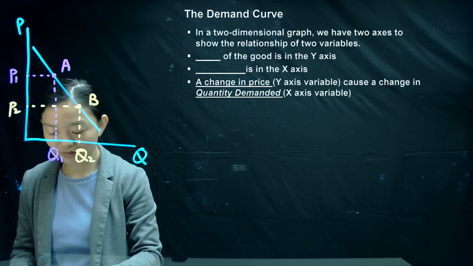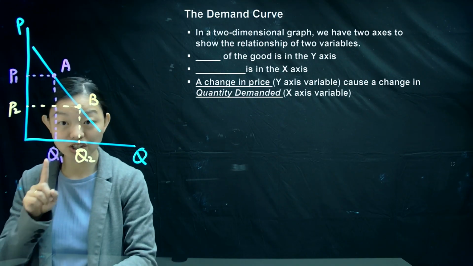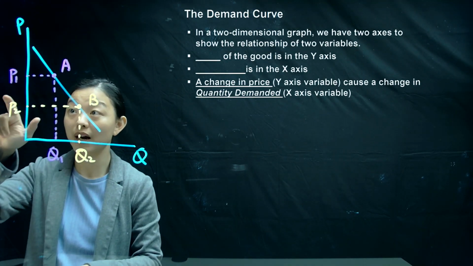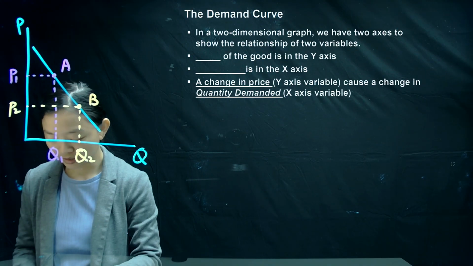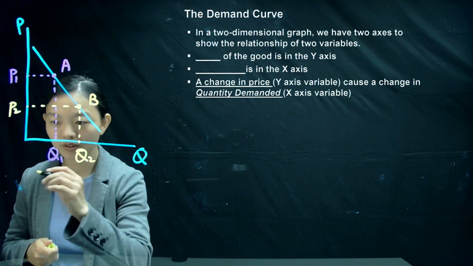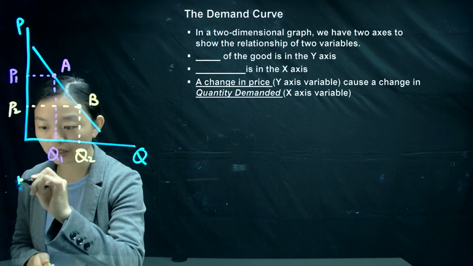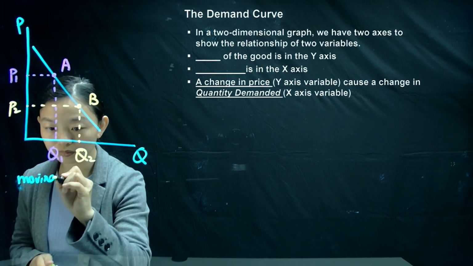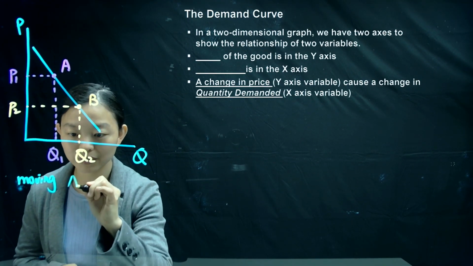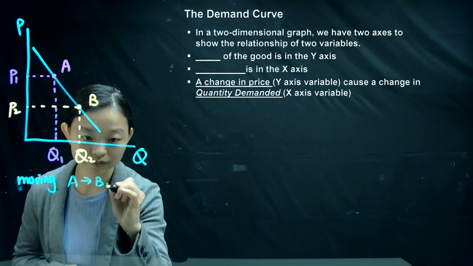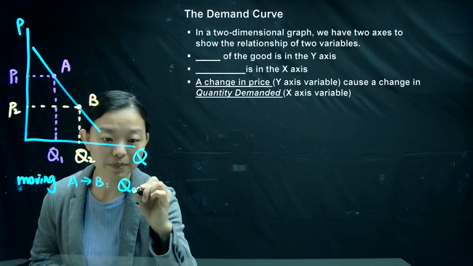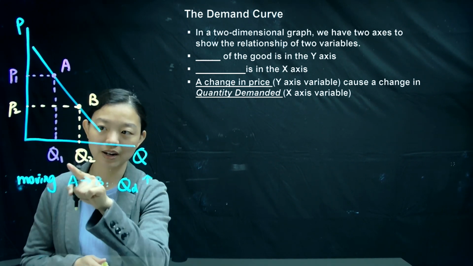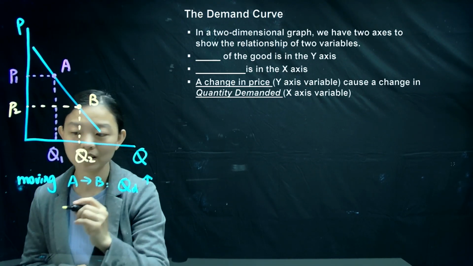So moving from A to B, if only the price of this product changes, quantity demand increases, right? So we have more quantity demand.